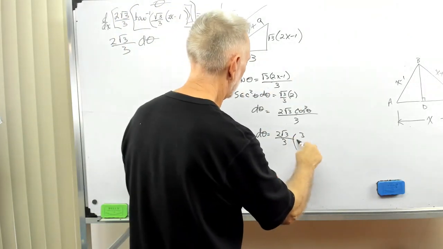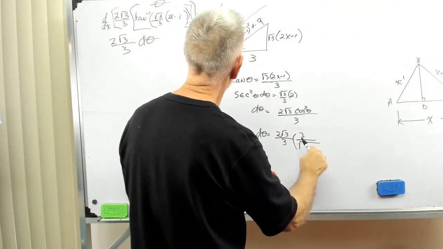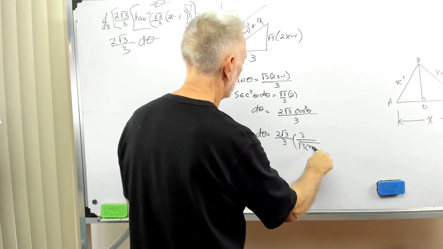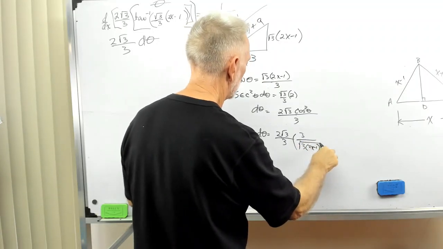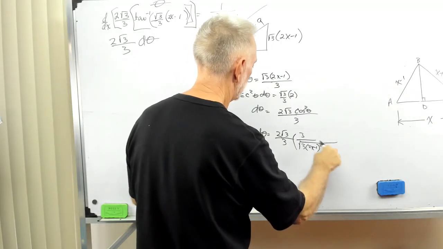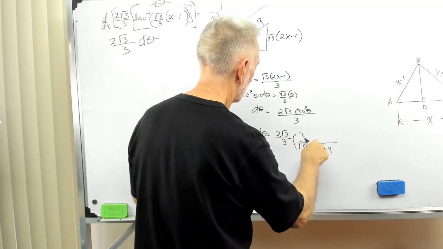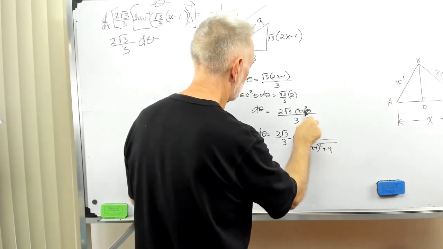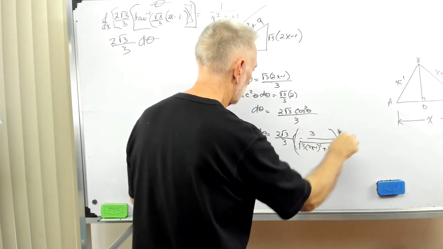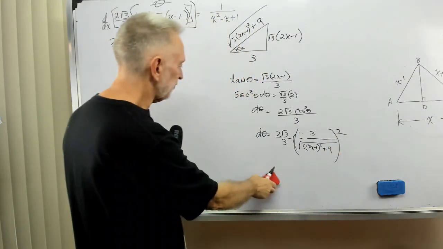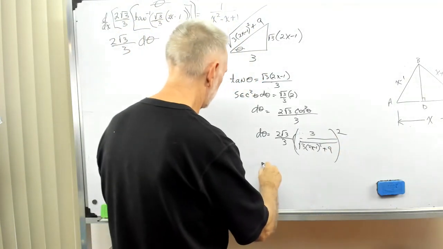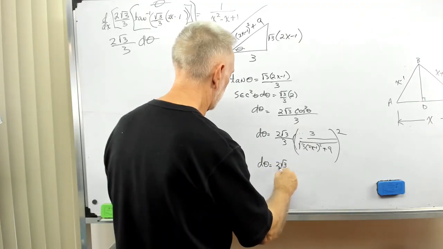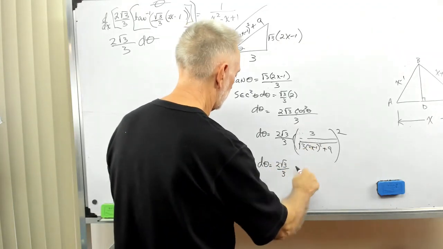So 3 over the square root of 2x minus 1 squared plus 9. And all of that, that's cosine, but it's cosine squared. So I'll do that. Okay, so d theta is 2 square root 3 over 3. 3 squared is 9.